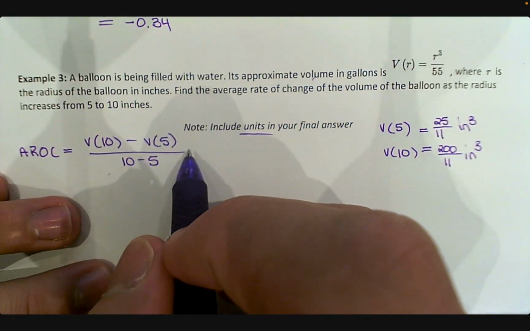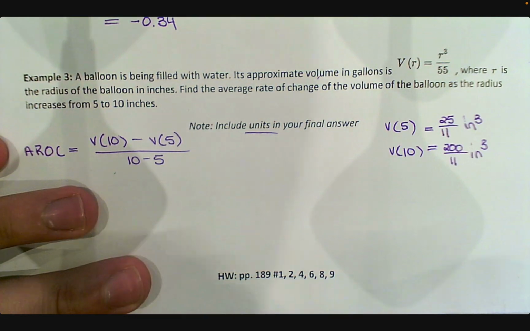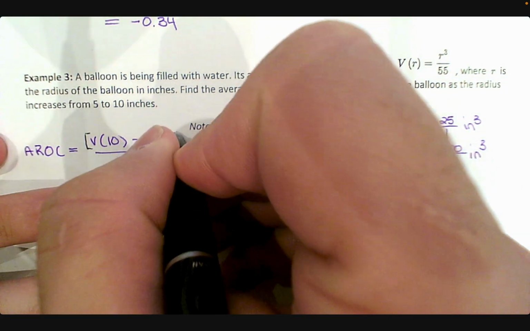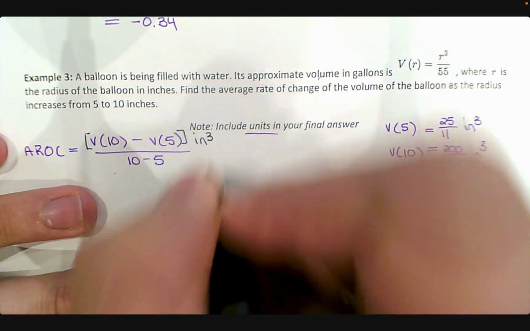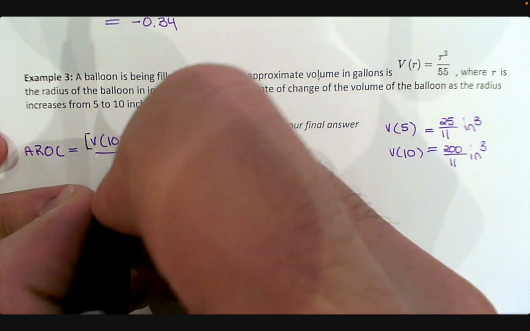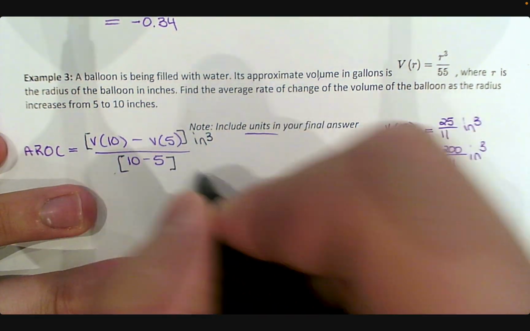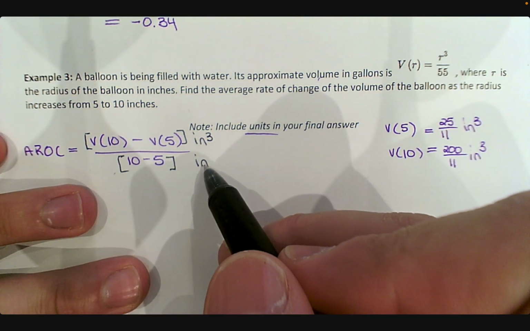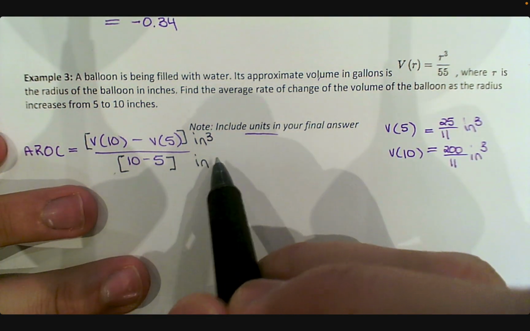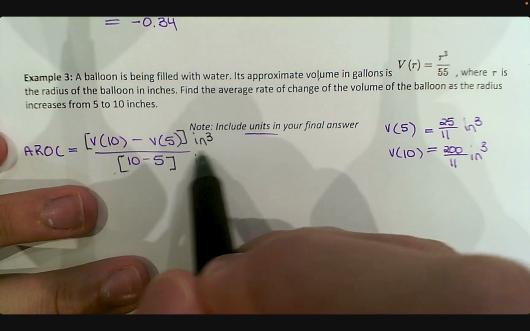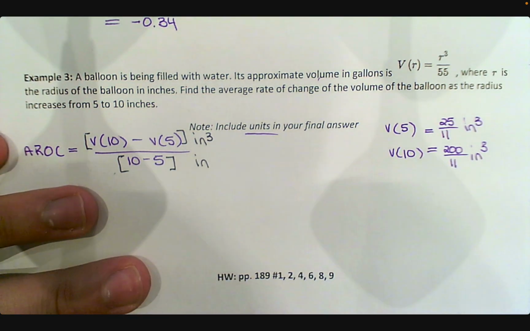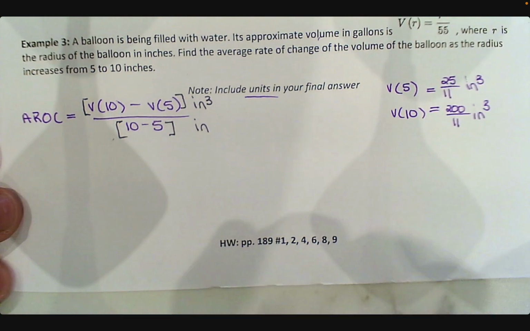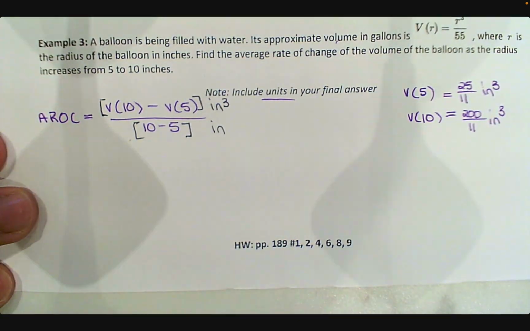And I just want to make a note of the units. So it looks like in my numerator, my units are going to be inches cubed for volume. And in my denominator, I'm dealing with a radius, so I have inches. So I have inches cubed divided by inches, so my average rate of change is actually going to be represented in inches squared since we're dividing. So just something to note for my final answer.